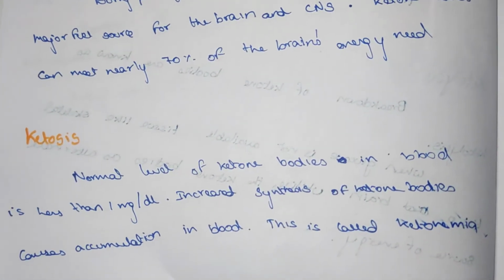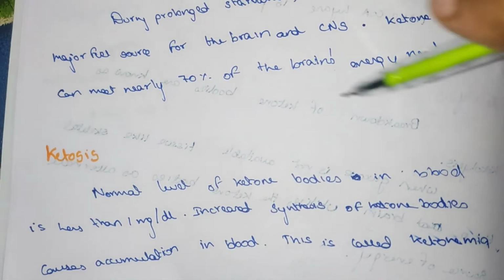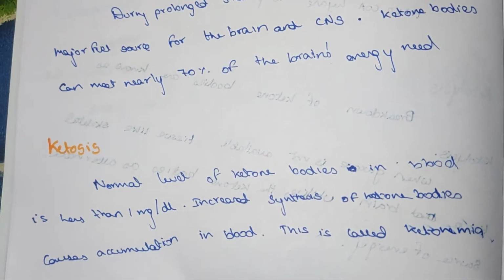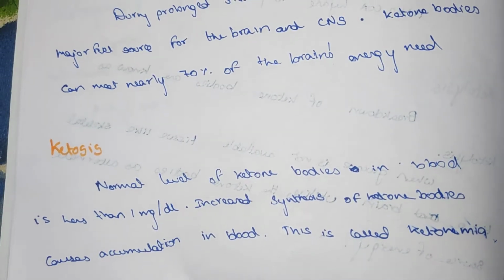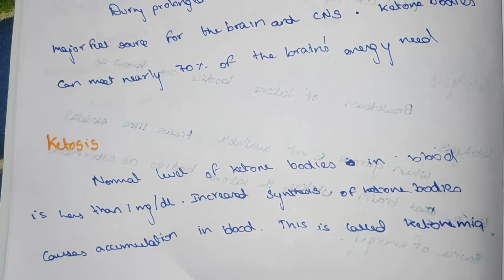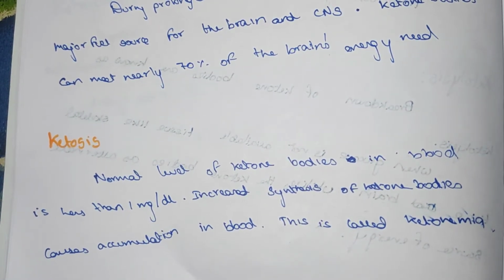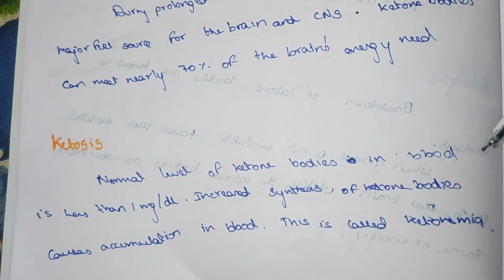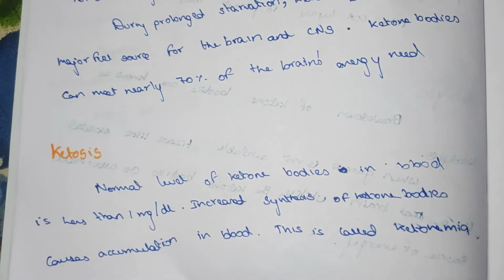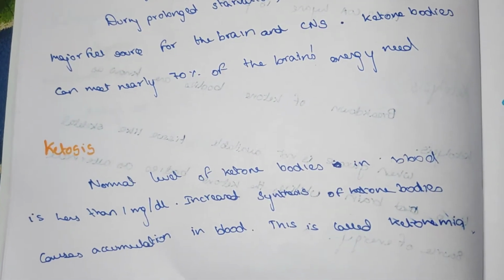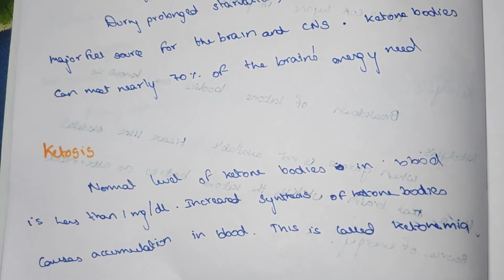Ketosis. The normal level of ketone body in the blood is less than 1 mg per deciliter. When there is increased synthesis of the ketone body, there is accumulation of the ketone body in the blood, which is known as ketonemia.